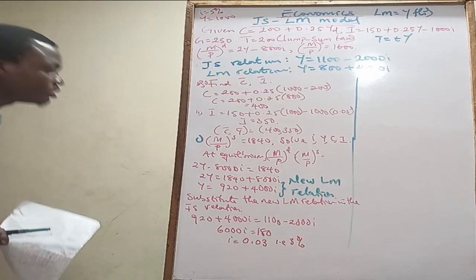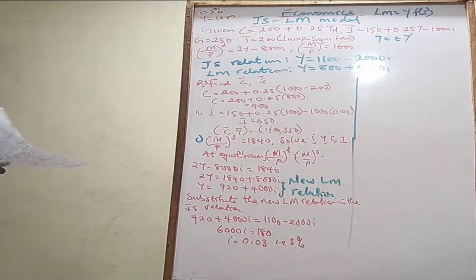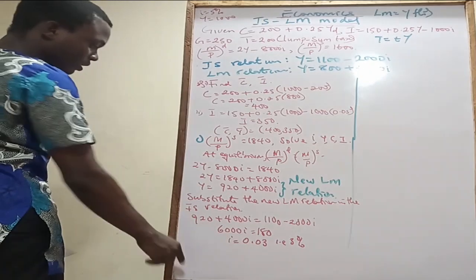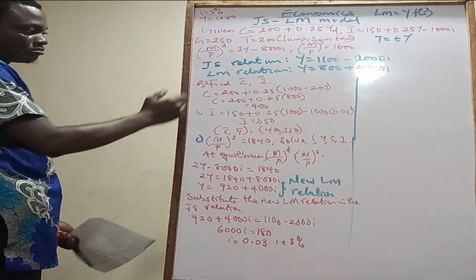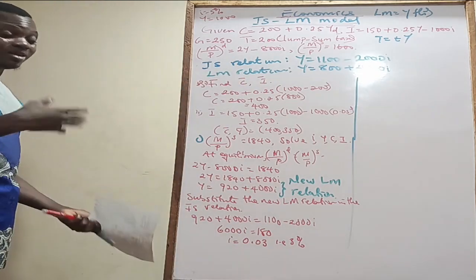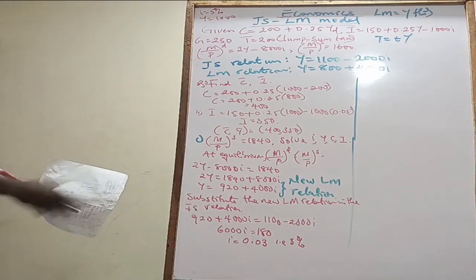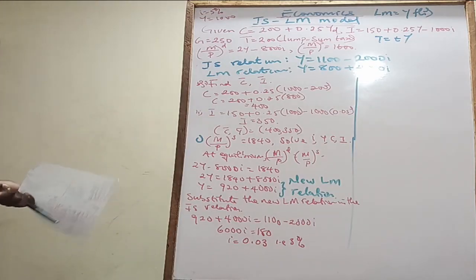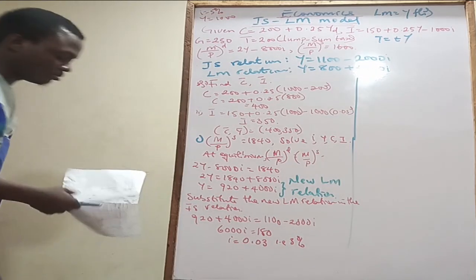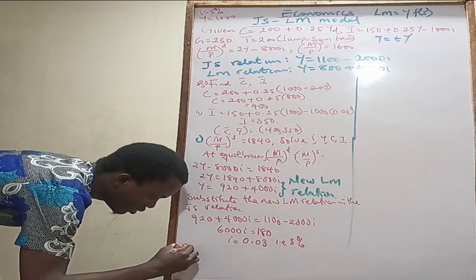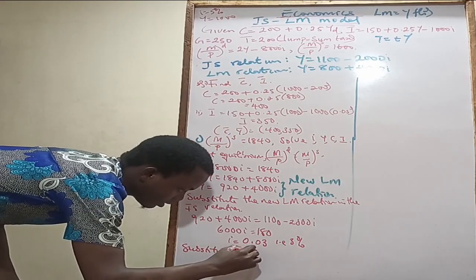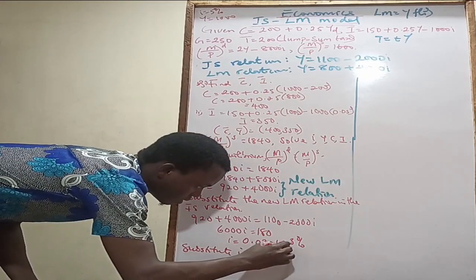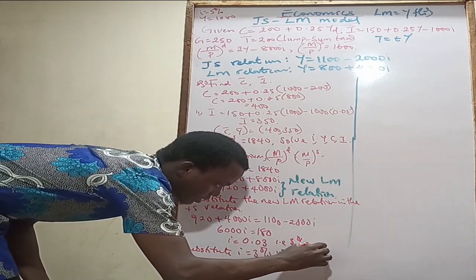So if I equals 3%, then we'll now go and solve for Y. I could decide to put I in the new LM relation, or I could put my I in the former IS relation. It's still going to be correct. It's just a simple simultaneous equation. So I want to choose the IS relation. Substitute I equals 3% in the IS relation.